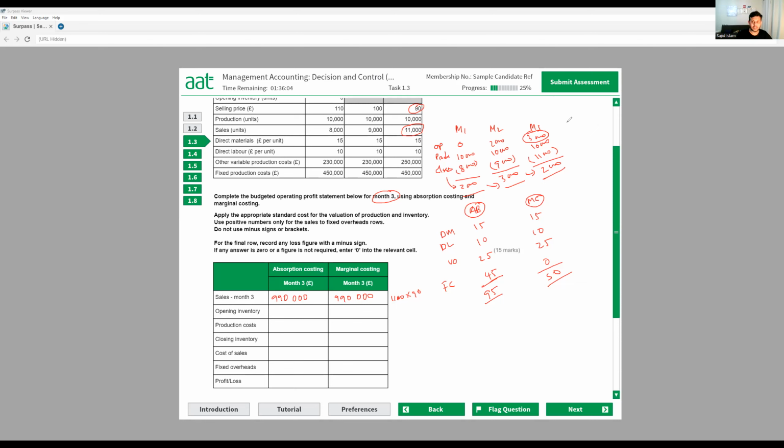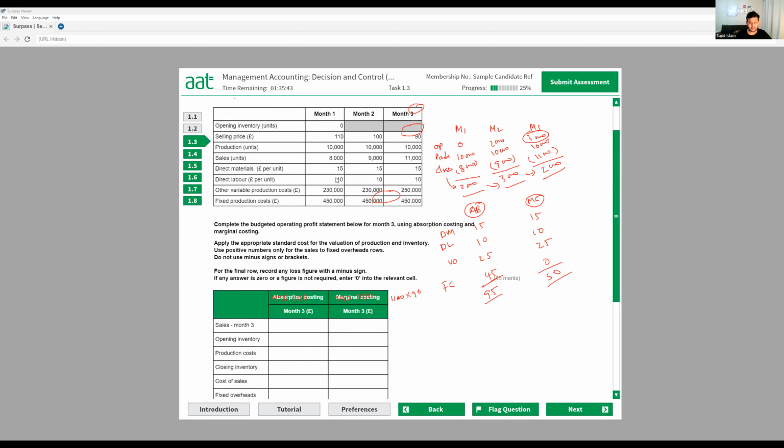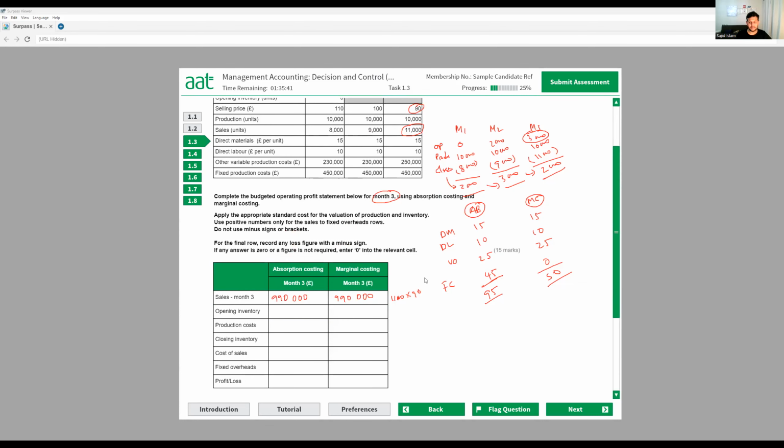When we read the question, we need to be very careful with that, as we have more information. So let's have a look. Okay, the question said inventories will be valued under the FIFO method. That's the only information we have for the FIFO method. All right, so let's try to understand how much is the value of the inventory we have.